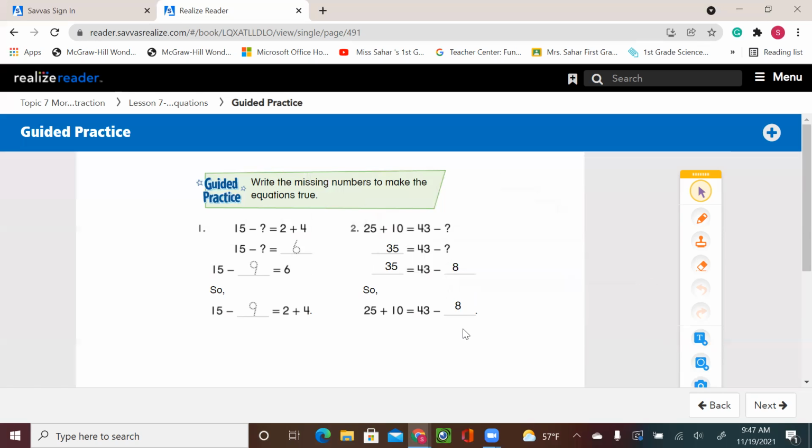Let's make it a true equation, because the total or the sum for the first part before the equal sign equals the same as the part after the equal sign.